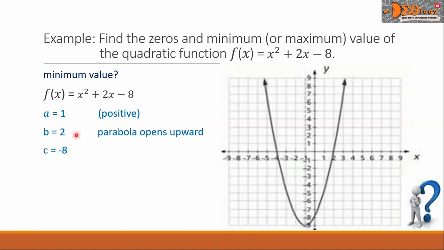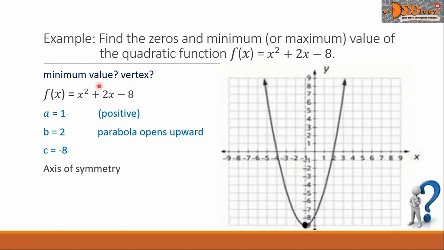So let us complete writing the a, b, c. For the b, we have 2, and this 2 is the coefficient of x, and c is the constant, which is the negative 8. So let us find the minimum value. When we find the minimum value, we are looking at the vertex itself, and that is the lowest point of our parabola.